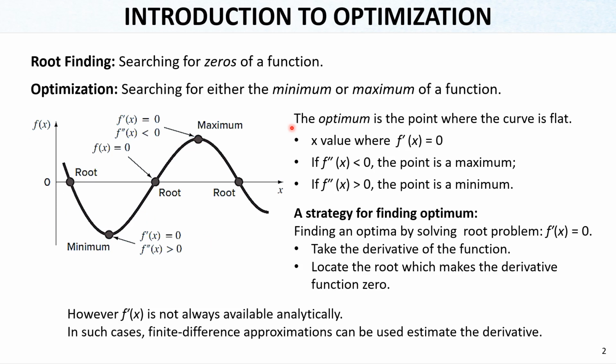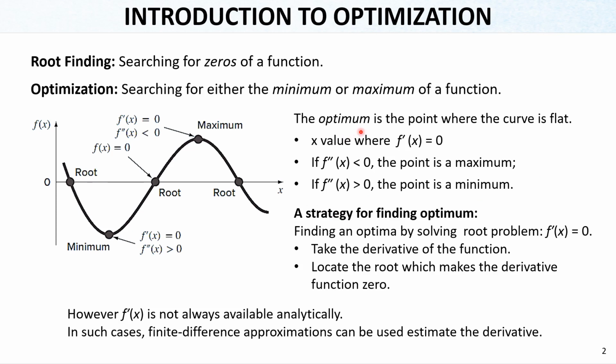The optimum is the point where the curve is flat. Basically, this is the optimum point, or this is the optimum point, we can say. If the second derivative is smaller than 0, then the point is a maximum. If the second derivative is greater than 0, then the point is a minimum.